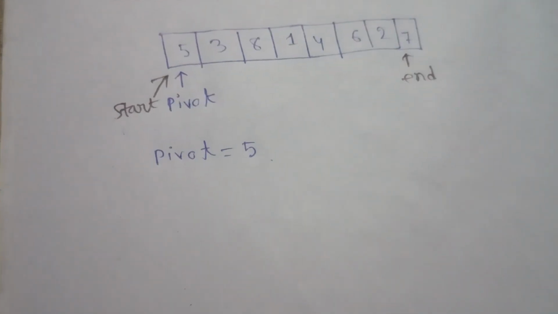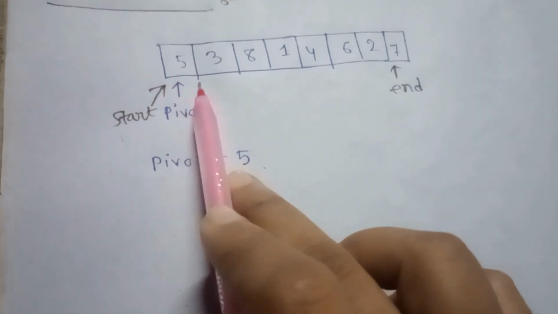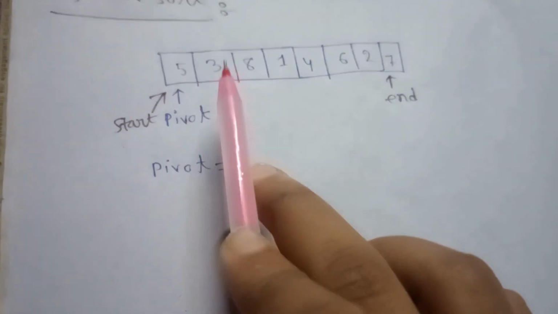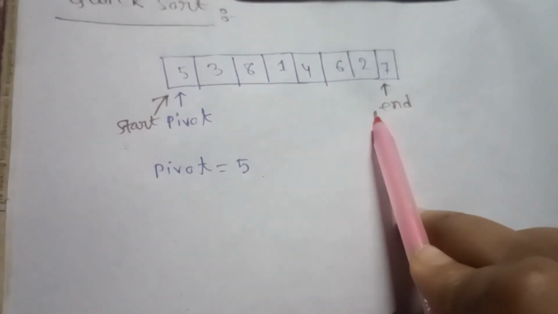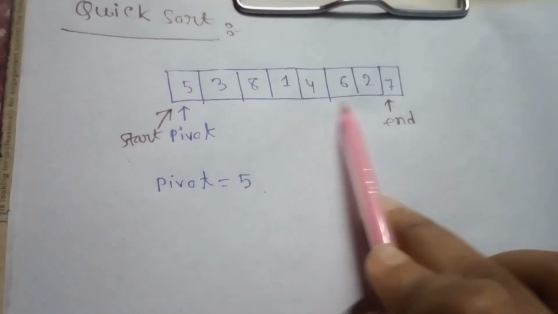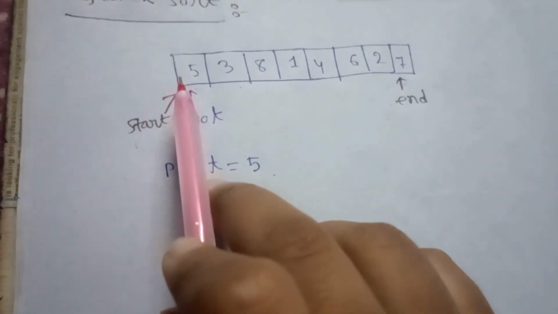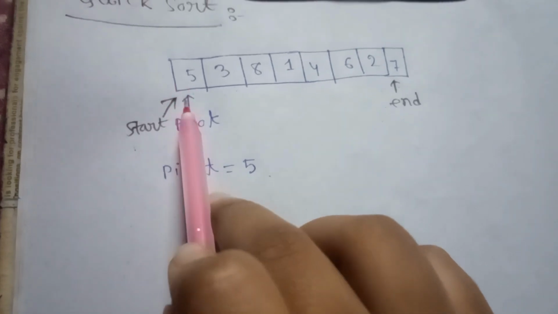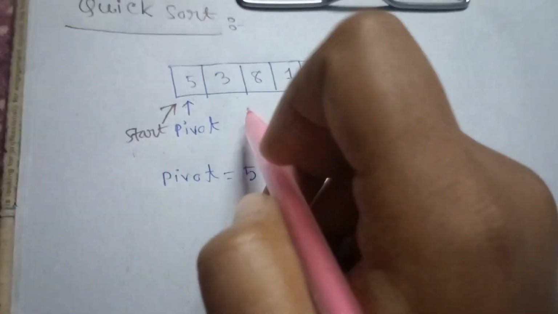If the element is less than or equal to the pivot element, then increment start, and if the element is greater than the pivot element, then decrement end. 5 less than or equal to 5, then increment start.